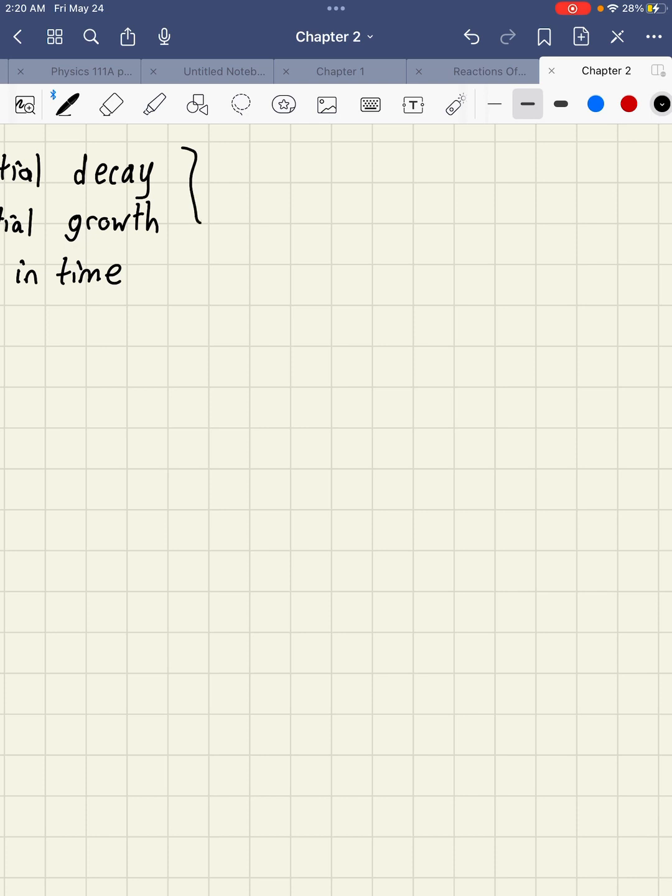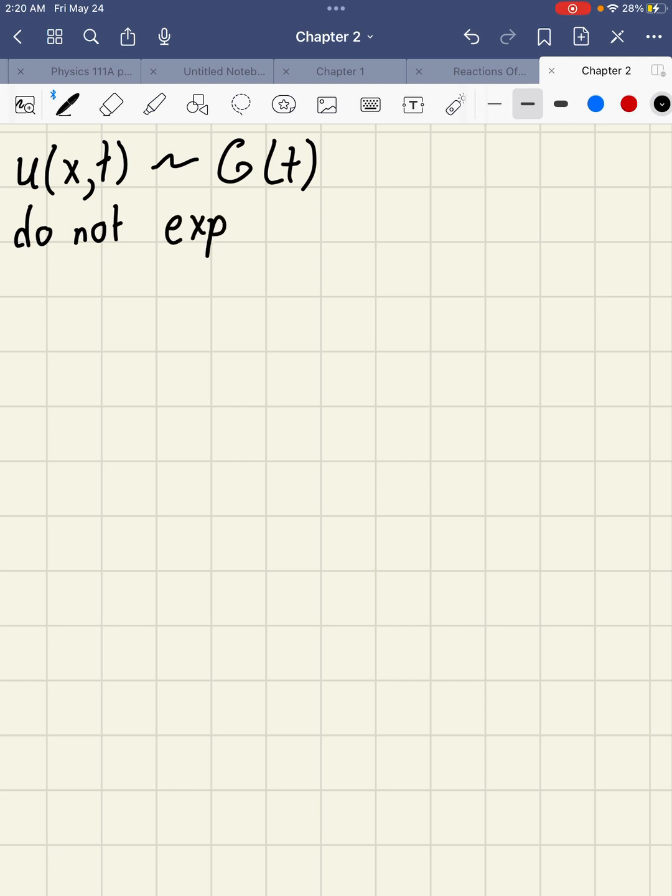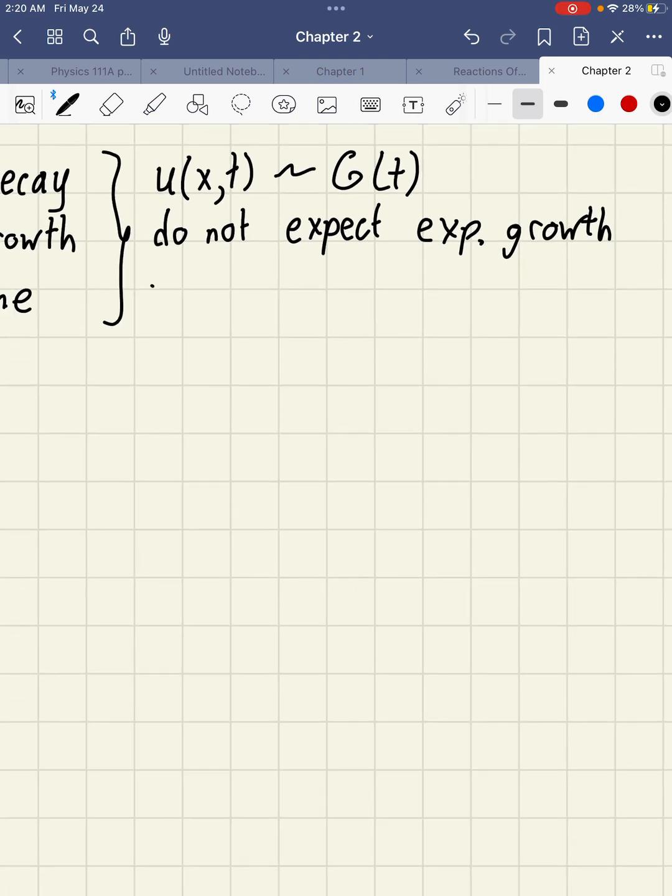That's because from my product solution, my u of x, t is just proportional to the g of t. And so we do not expect any exponential growth. Therefore, allowable lambda are greater than or equal to 0.